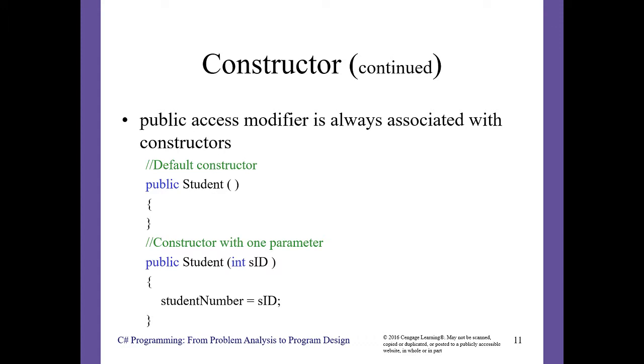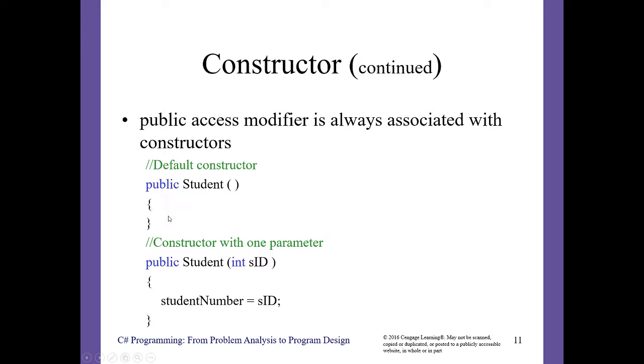If we want to create a student that doesn't have any information, no student ID, no name, no nothing, it's just a null student, just sitting out there in memory without any sort of information loaded in it, then we can use this default constructor. The default constructor simply says public, because it's a public constructor, and student, because student is the name of our class, and then it specifies that there are no parameters and it has no code.